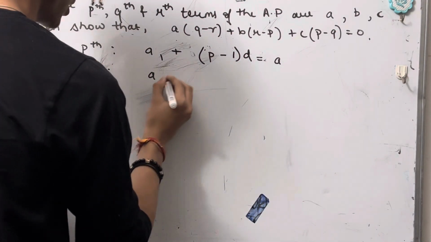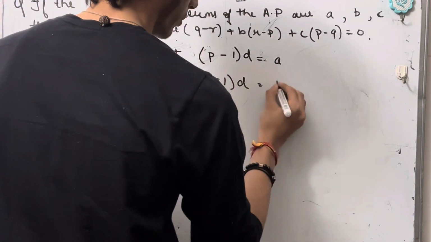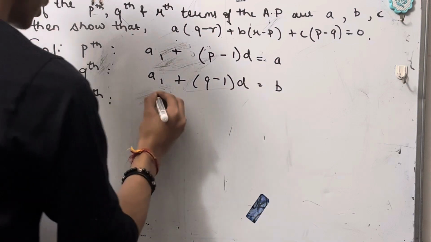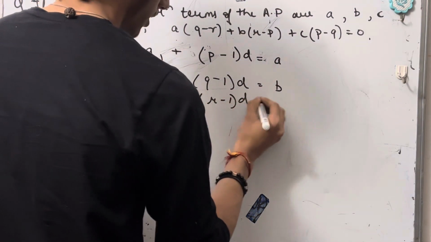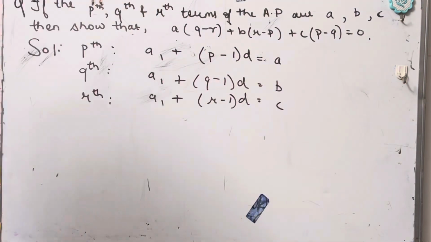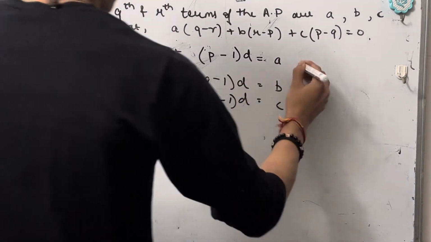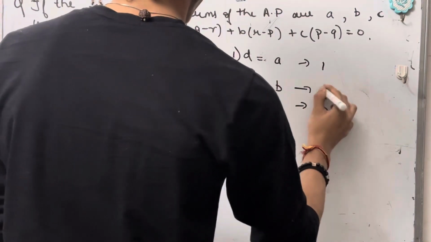It will be A1 plus (Q minus 1)D is equal to B. Then for the rth term, A1 plus (R minus 1) into D is equal to C. So we have received these three equations, 1, 2 and 3.